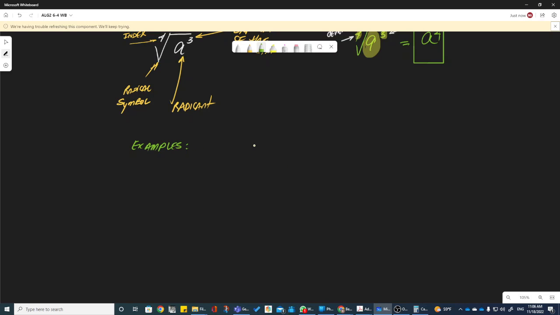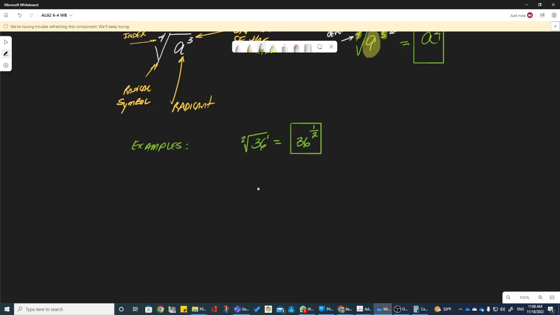So if you have 36, and that's the square root of 36, that is equal to 36, and then this one over here is 1, and this one over here is 2. So you are going to put the 1, this one on top, and then you're going to put that 2 on the bottom. And that will be the simplified form of that number.